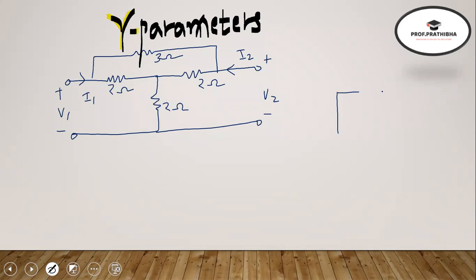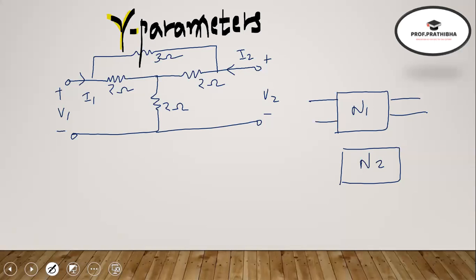So what is a parallel connection? If you have two networks, N1 and N2, these are the ports of both the networks.